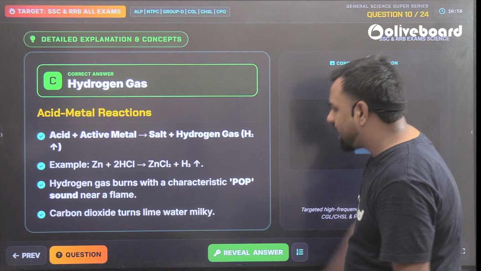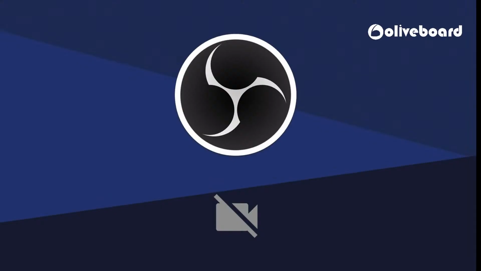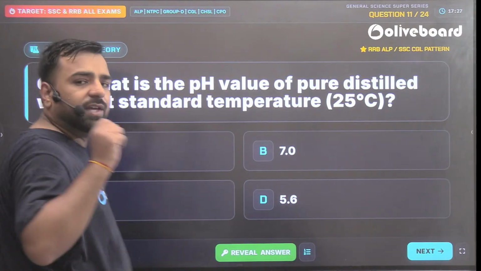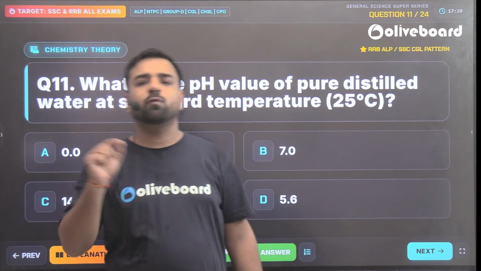Next, what is the pH value of pure distilled water at standard temperature, that is 25 degrees centigrade? You have four options. Since we are talking about the pH scale, you must remember that the pH scale was discovered by Soren Sorensen, where its value lies from 0 to 14.